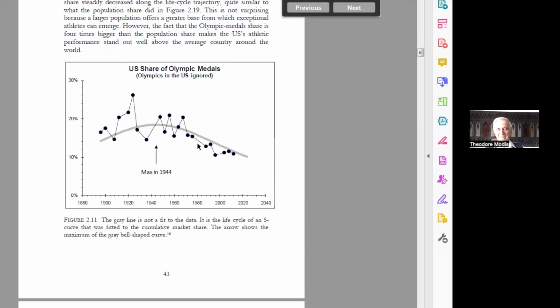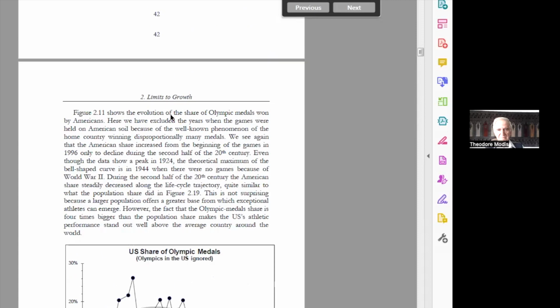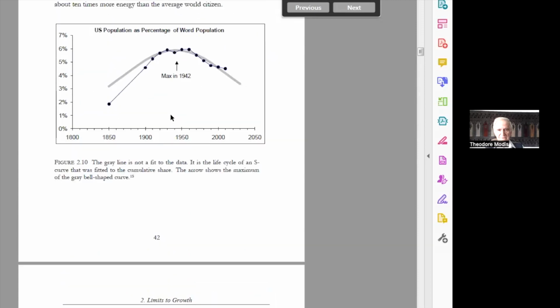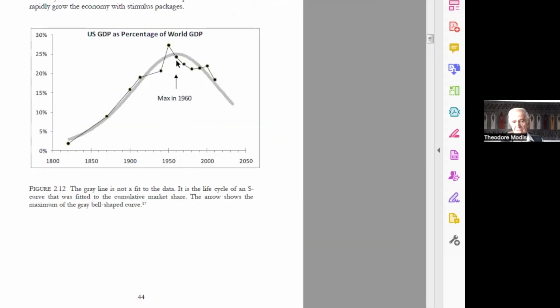So this was more obvious with even the GDP. As a percentage of the world GDP, when you have India and China rising, they have to take the share. The US share of the world GDP will go down because these young countries are grabbing share away. So that's what we see on this graph.